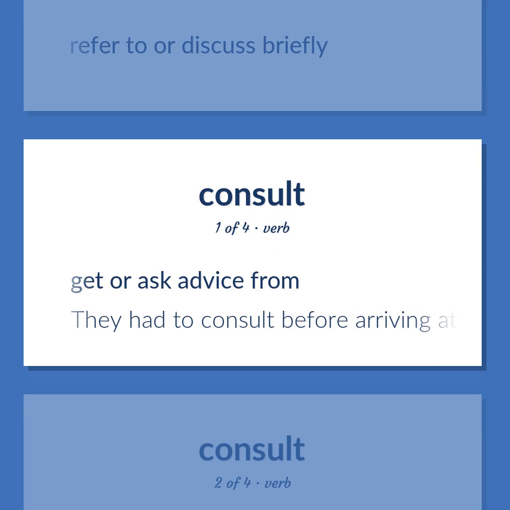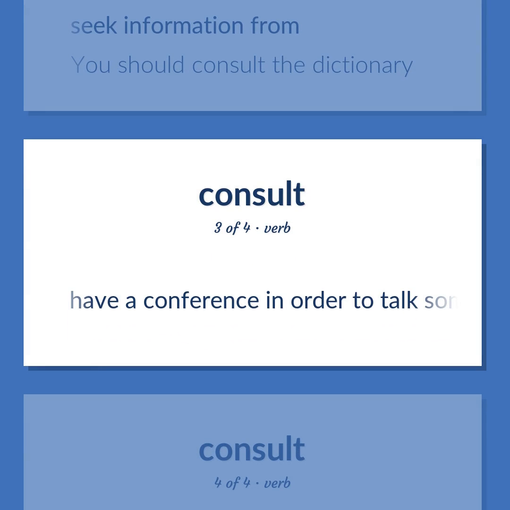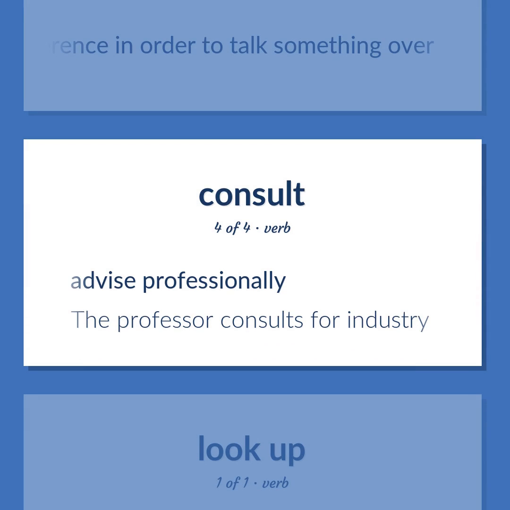They had to consult before arriving at a decision. Seek information from. You should consult the dictionary. Have a conference in order to talk something over. Advise professionally. The professor consults for industry.